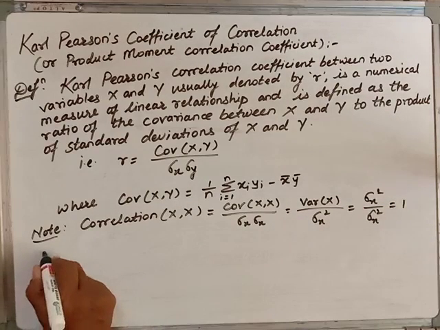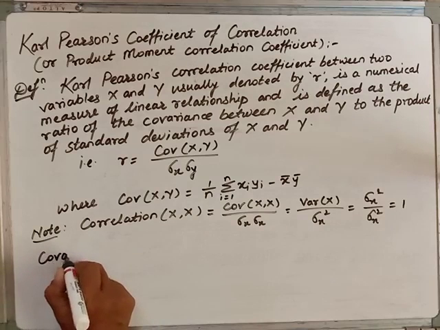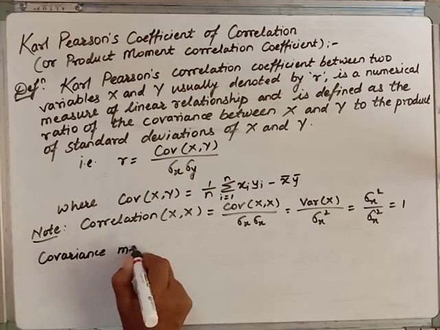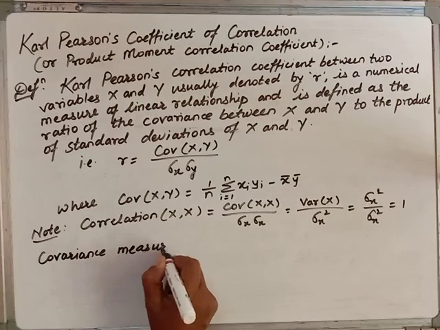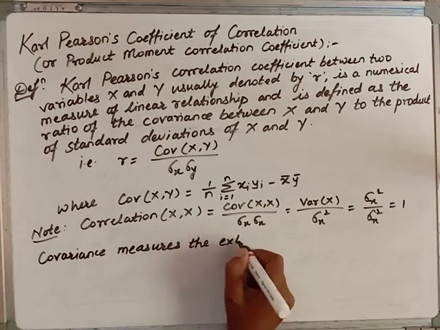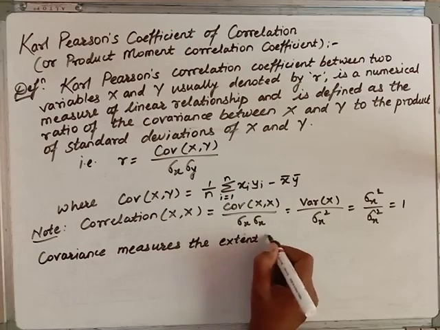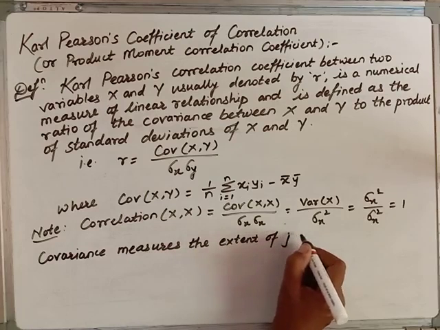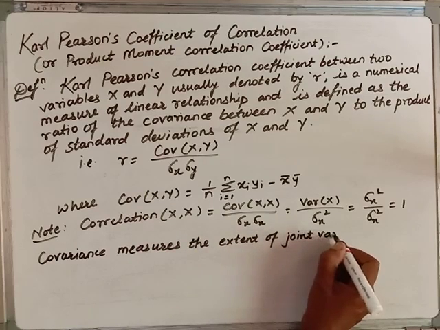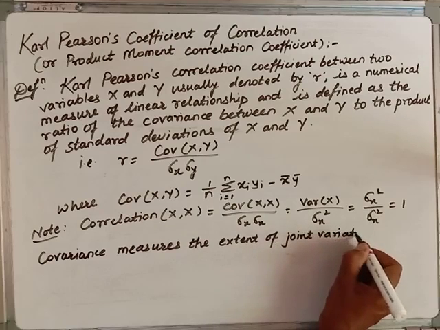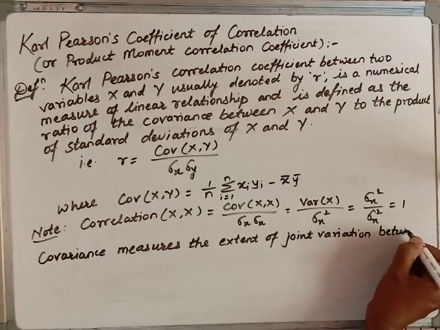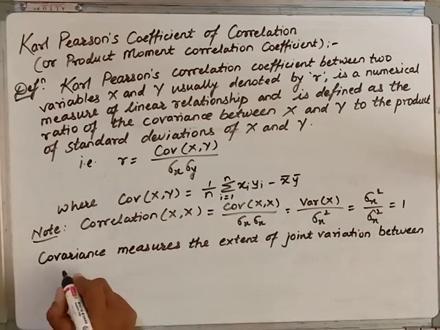Also, covariance measures the extent of joint variation between x and y.